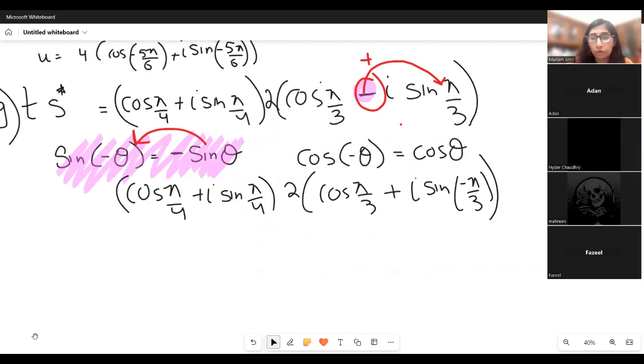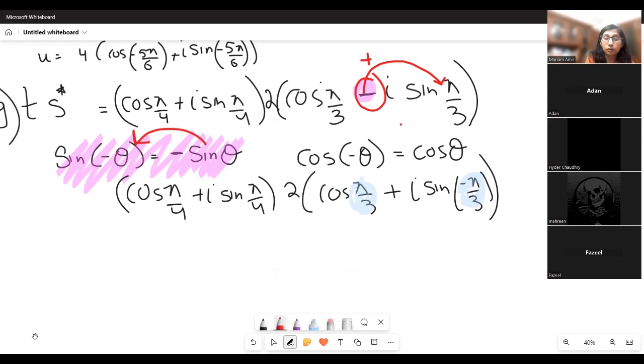Okay, so now that gives rise to another problem. When we convert to polar form, these angles need to be the same. This angle and this angle should have been the same, but we have pi by 3 and minus pi by 3, so that is a problem for us because this is not the correct polar format.